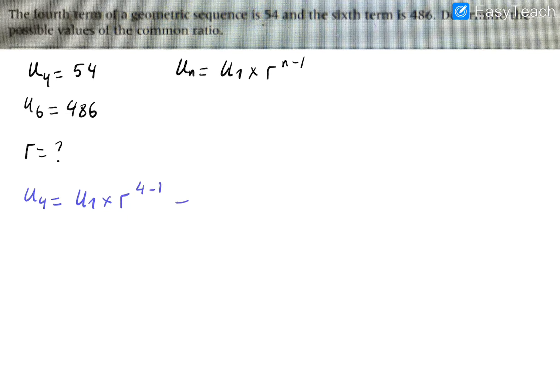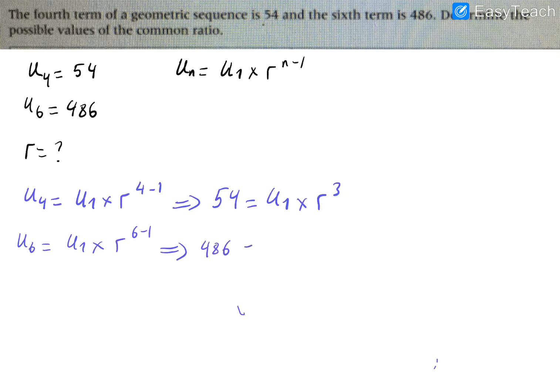So u4 is 54, equal to u1 times r to the power of 3. How about u6? Same, u1 times r to the power of 6 minus 1. I have the value for u6, which is 486. That's equal to u1 times r to the power of 5. Okay, so if you just divide both of these equations, I'll show you here.